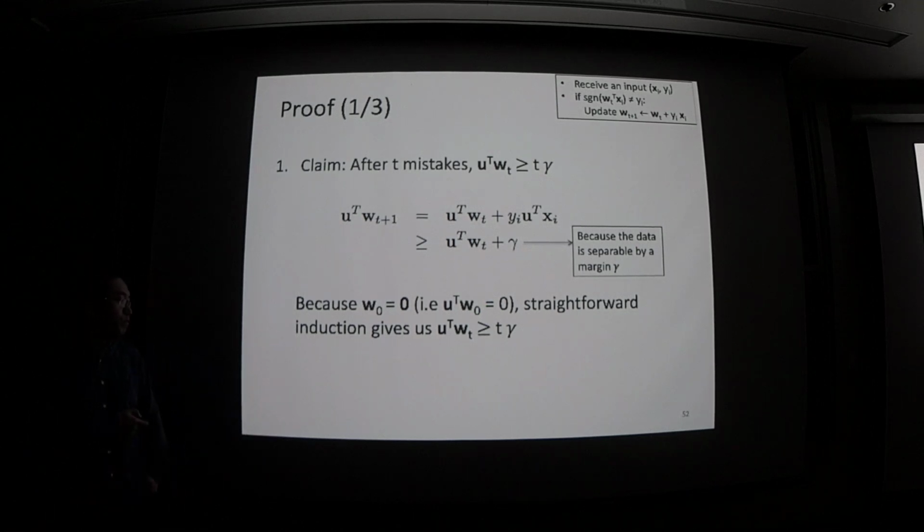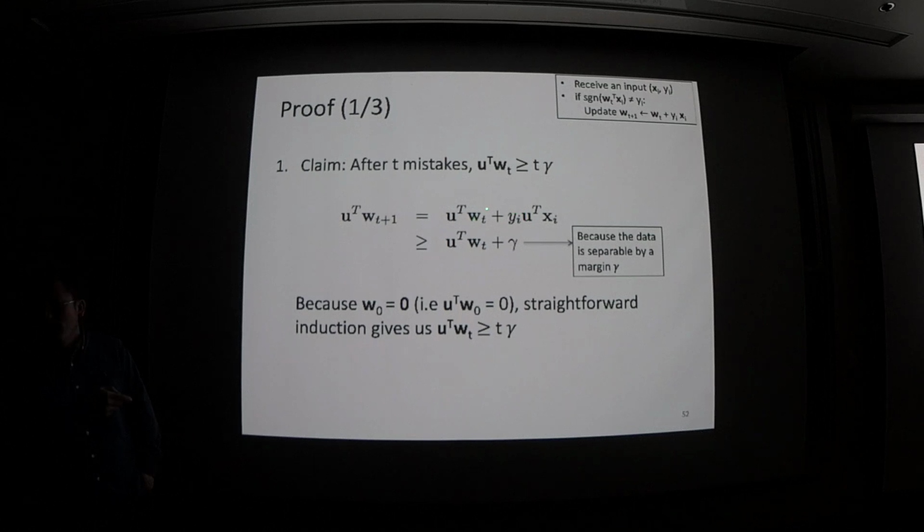If we make the first mistake, we add yi xi to w0, and then take the inner product of u transpose with w0 plus yi xi.